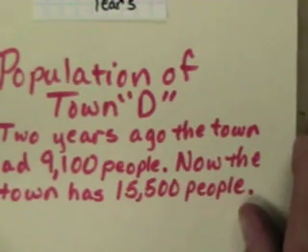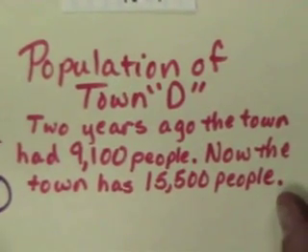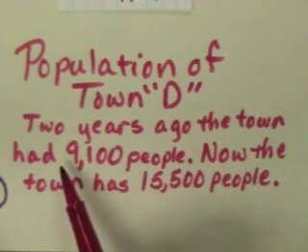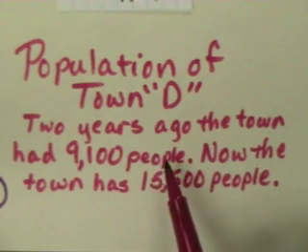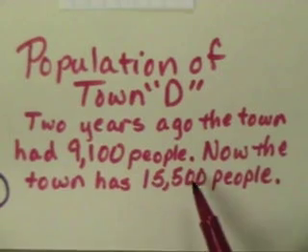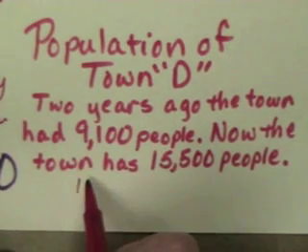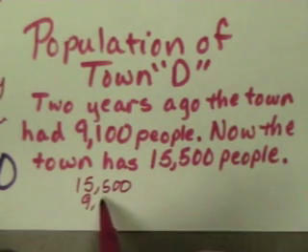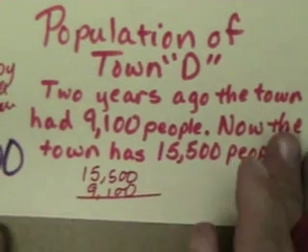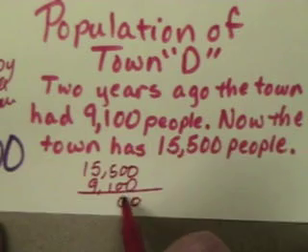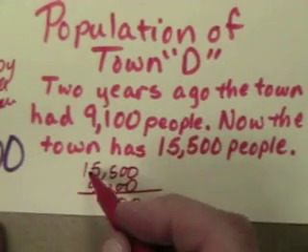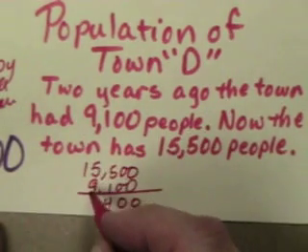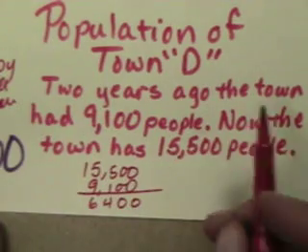Okay, let's look over here, and this was one of the tricky ones. Population of town D. I didn't put the whole story here, but I put the last few lines. 2 years ago, the town had 9,100 people. Now the town has 15,500. So we're going to find the difference. Nine from 15 is 6.